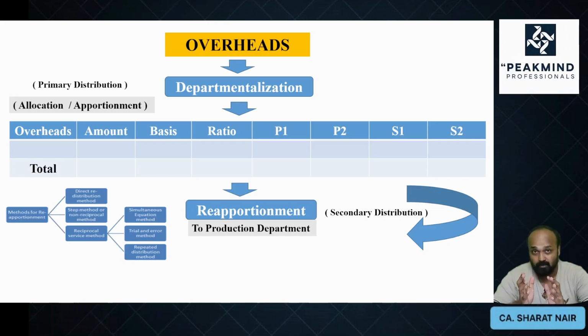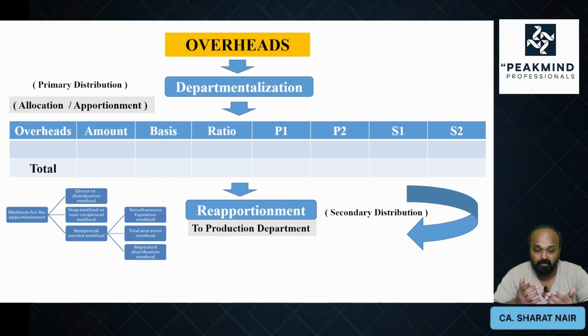Now, once all the service departments' overhead share is also absorbed into the production departments, the production department has all the cost, not only its own cost but also the share of the cost of the service departments.